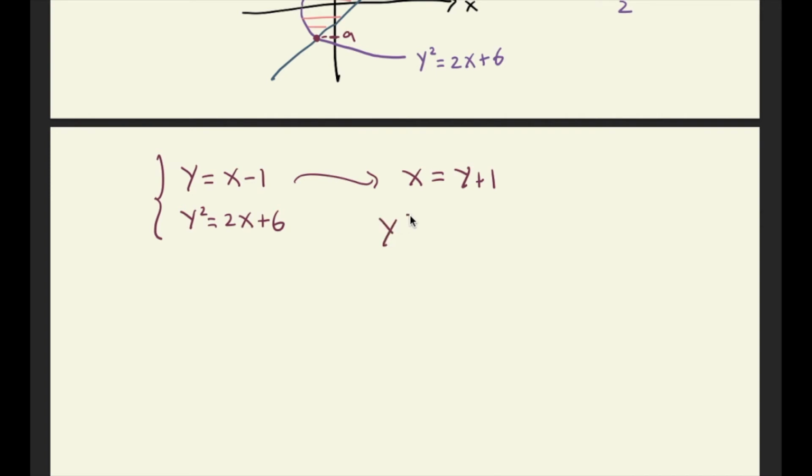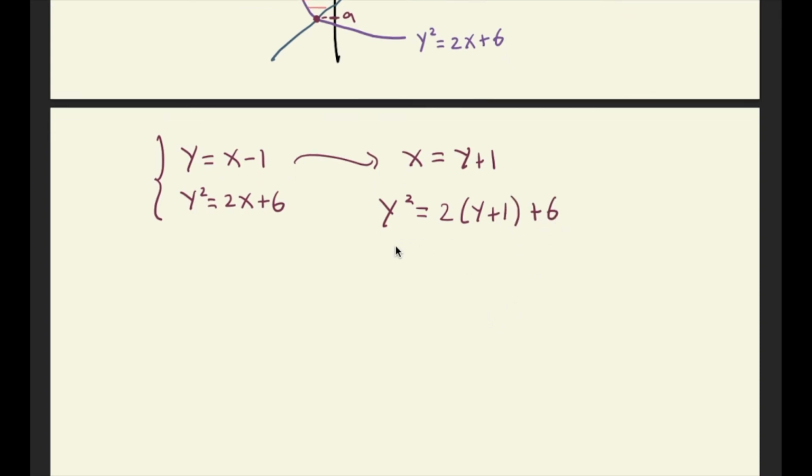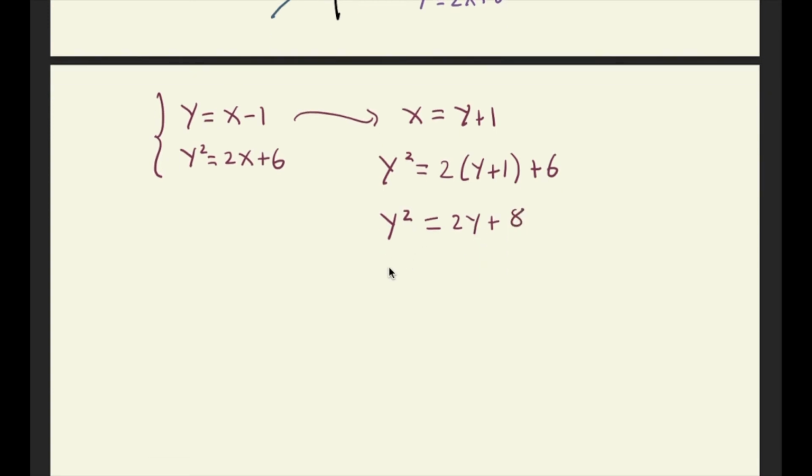So y squared is equal to 2 times x, which is 2 times y plus 1, plus 6. And so y squared is equal to 2y plus 2 plus 6, which is 2y plus 8. Let me put everything on one side. y squared minus 2y minus 8 is equal to 0.